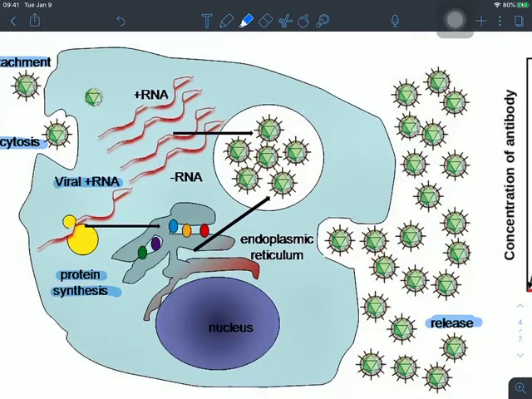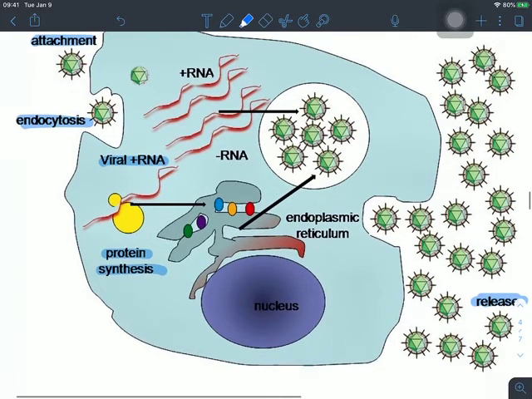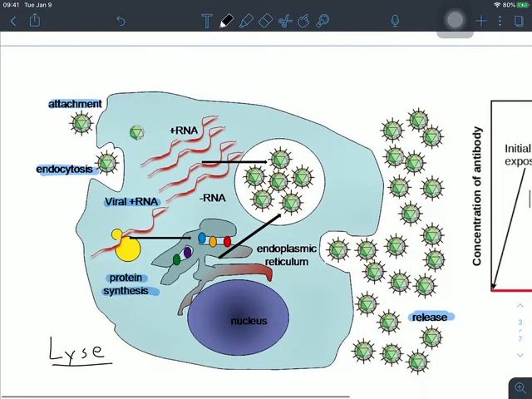Now, this process will continue up until the cell has literally nothing else to do other than produce these viruses and is so full of them that the cell lyses. Meaning it is so packed and so full of virus that it just explodes in millions of viral particles. This infection will continue moving around the body in this way.